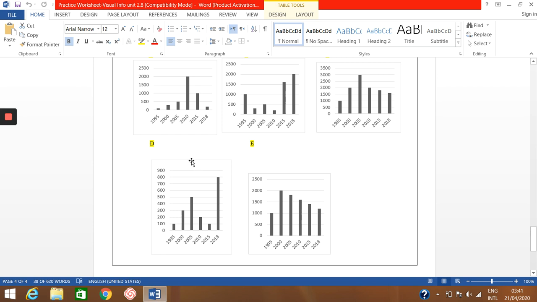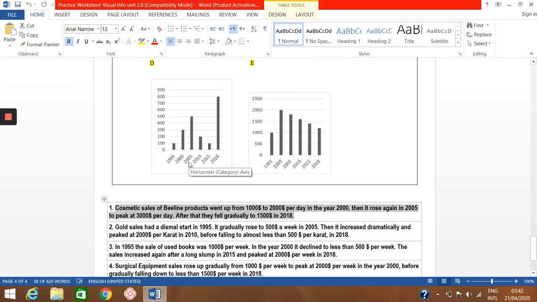So at the beginning, you just need to have a general look at the graphs. Then the wordings used in each report can help you decide which graph is being described.